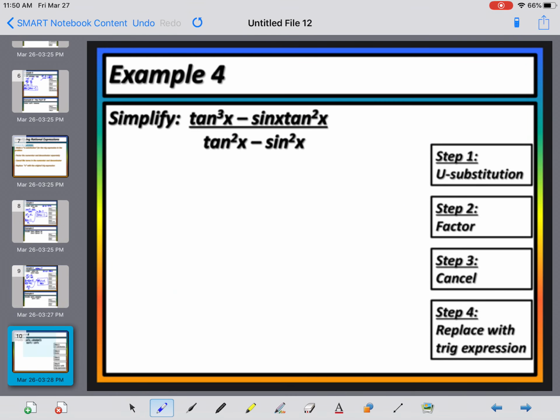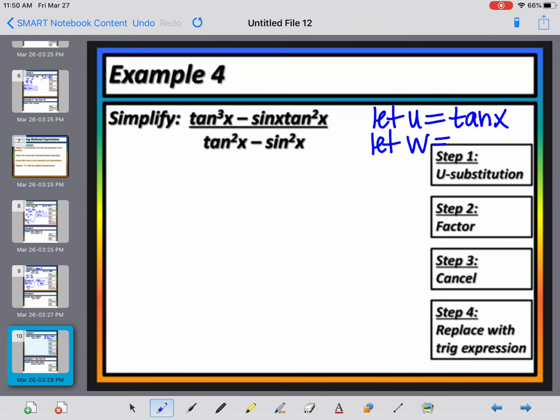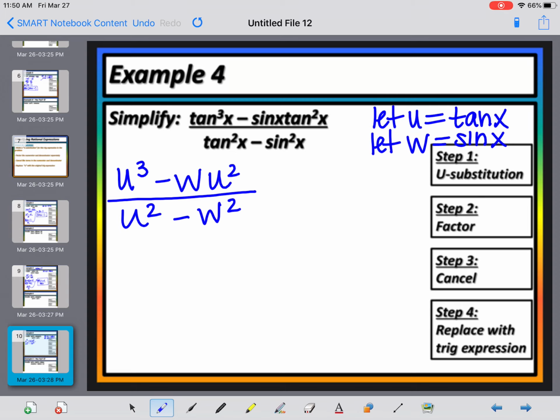We got one more, a little bit more challenging. So I see a tangent and I see a sine. So I'm going to let u equal tangent of x, and I'm going to let w equal sine of x. In the numerator, I'm going to take out a GCF of u squared.